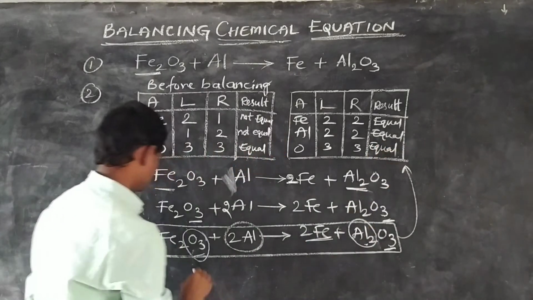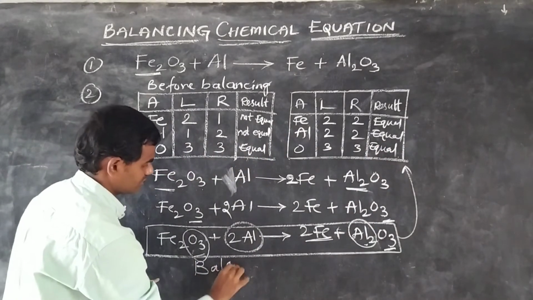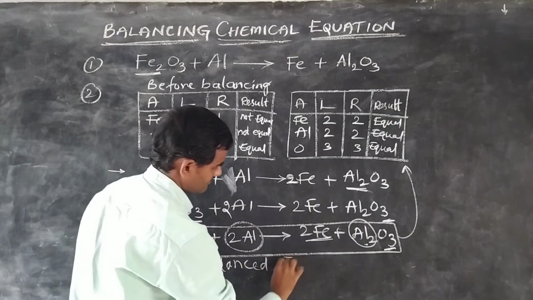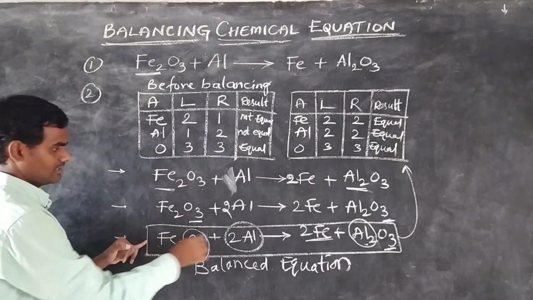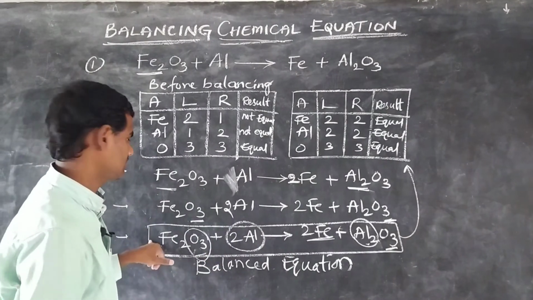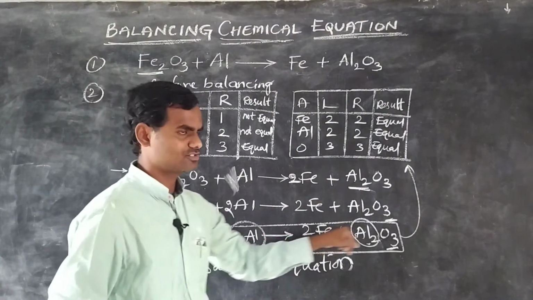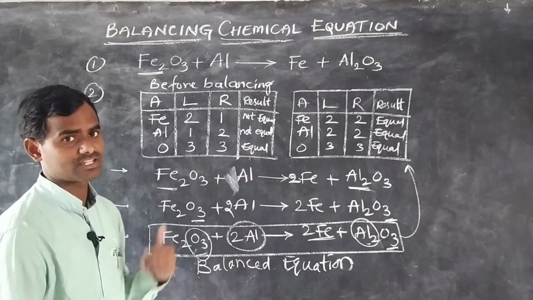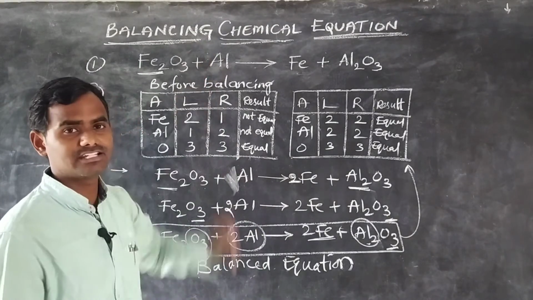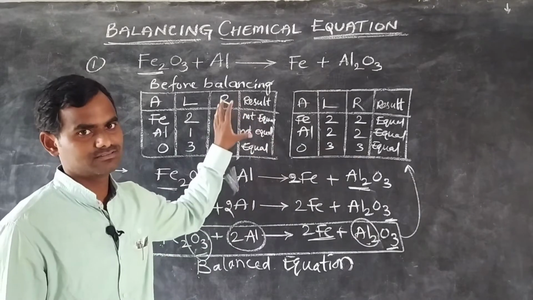So this is the balanced equation. And we have to check whether the equation is in the smallest coefficients or not. It is already in the smallest coefficients, so no need to change the equation. So like this we can balance any chemical equation by using these 4 steps.